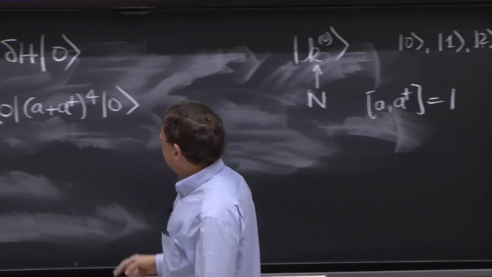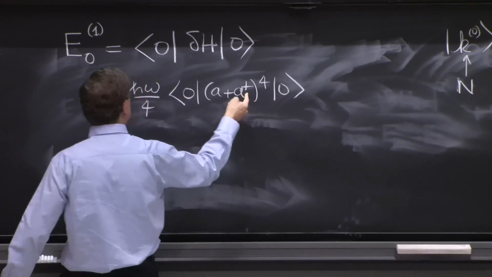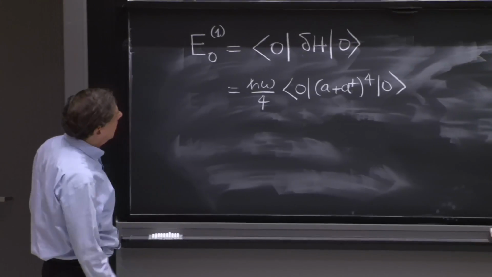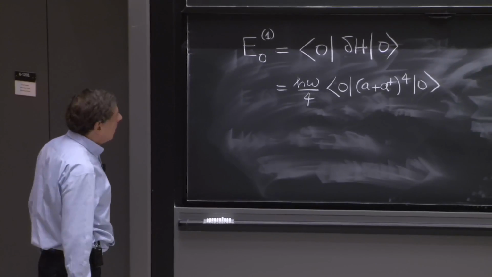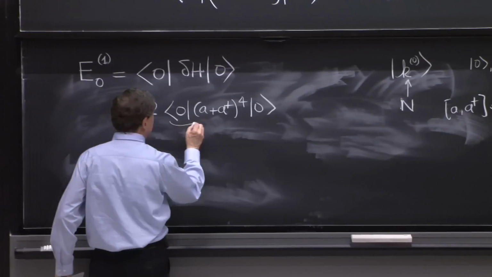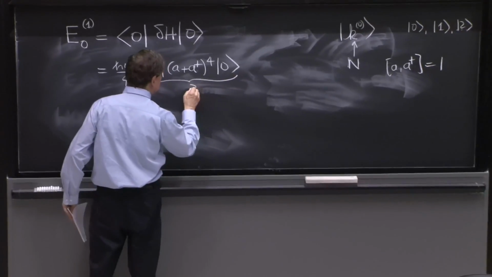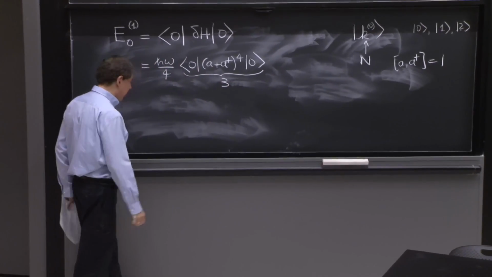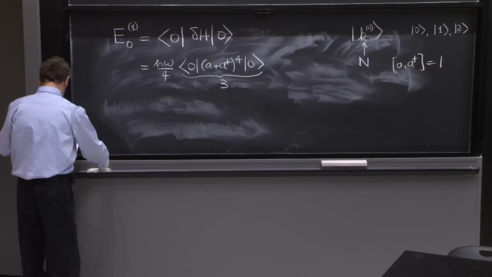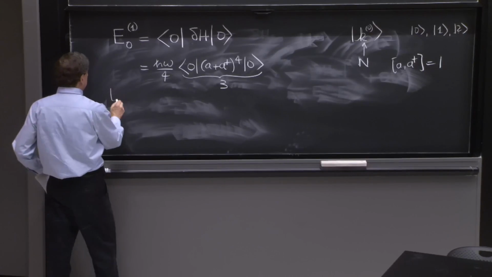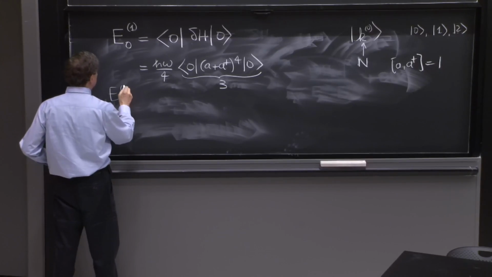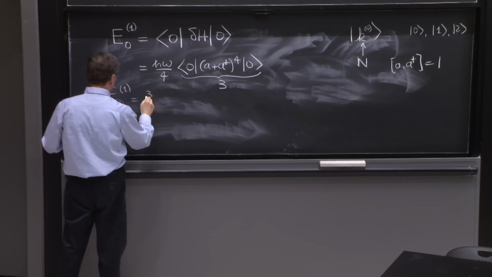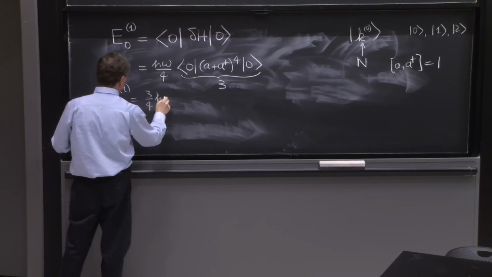Use it repeatedly. a kills the vacuum, a dagger kills the other vacuum on the left. Please do it if you feel you're out of practice. The answer is the number 3 here. So E_0^(1) is equal to 3/4 h bar omega.